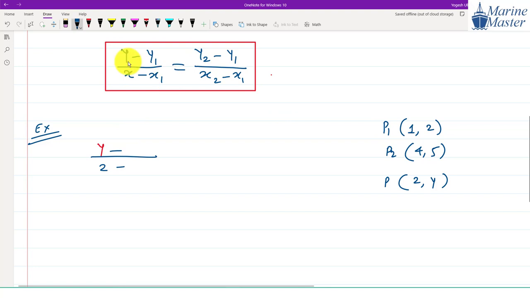Y minus y1, so this is X1, y1, X2, y2, and this is X and y. So y minus y1.